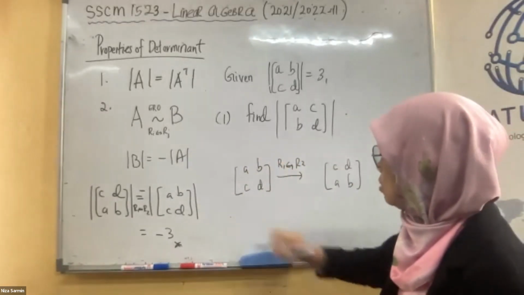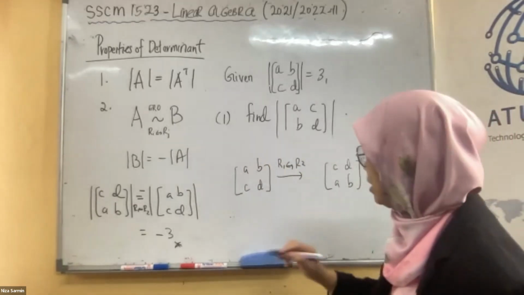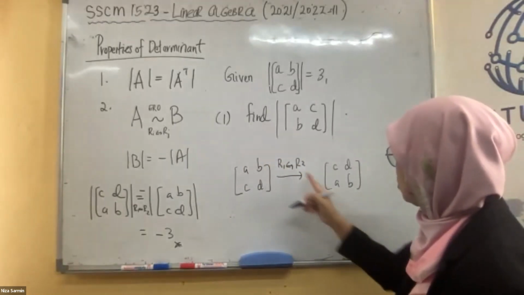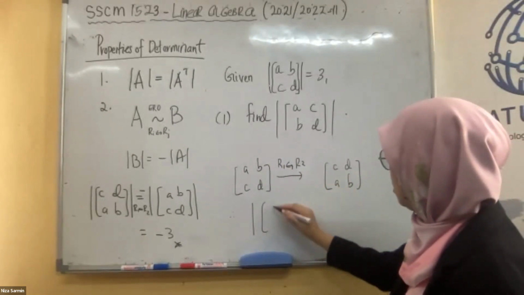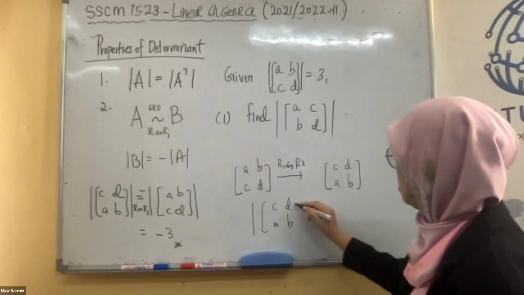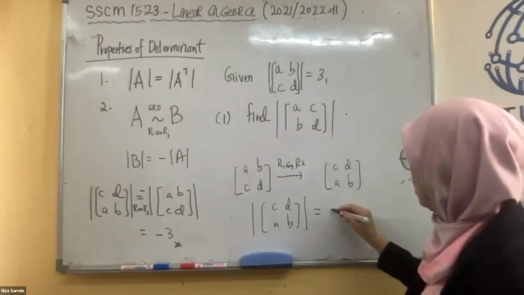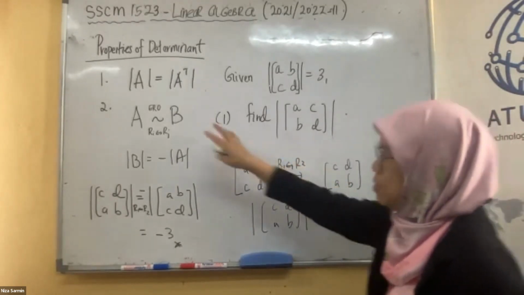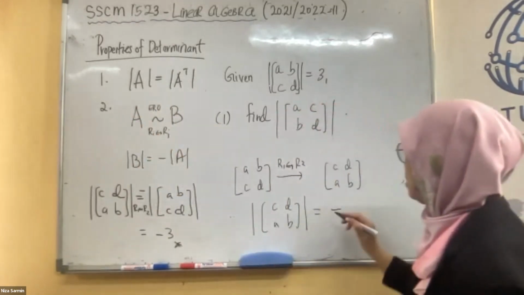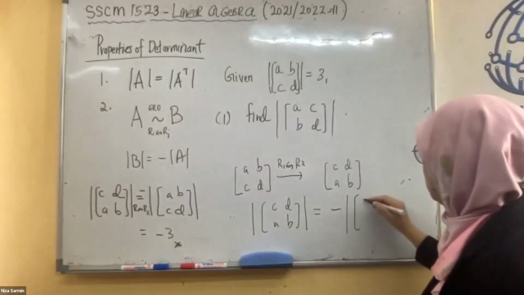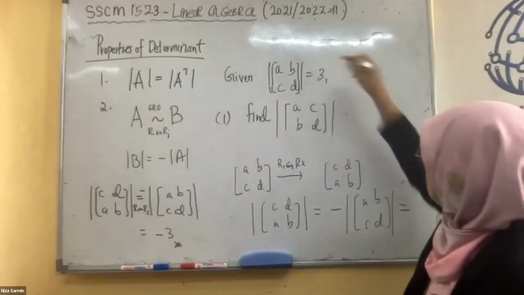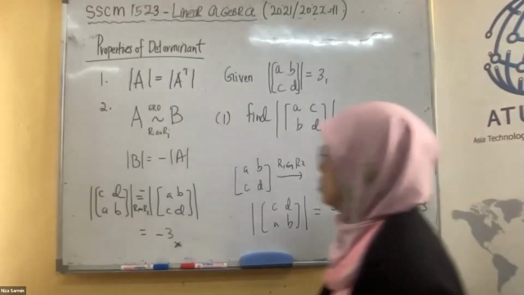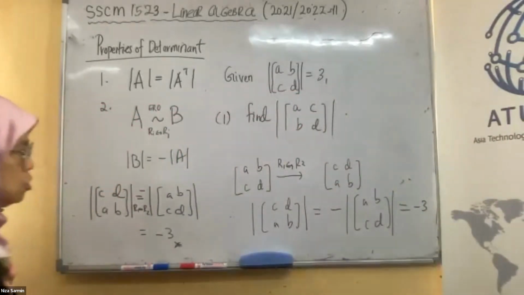So then you put therefore, right? Because you change this, the determinant of this is negative because of this and because of the property. Then you get the determinant, this is the negative of this actually, which is equal to 3. So it's negative 3. So you see the difference.